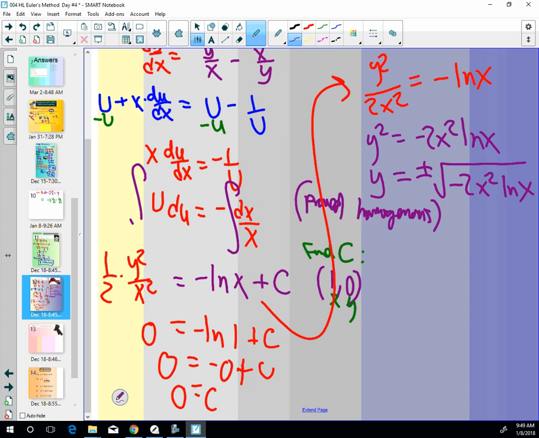I don't think it's going to work. You mean less than 1? Oh, no. That's right. If it's between 0 and e, then this will be negative. You're right. There are some values that'll work. Wow, that's tricky. So there's your answer for that one.